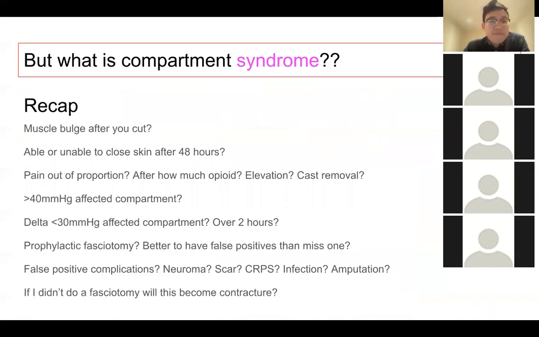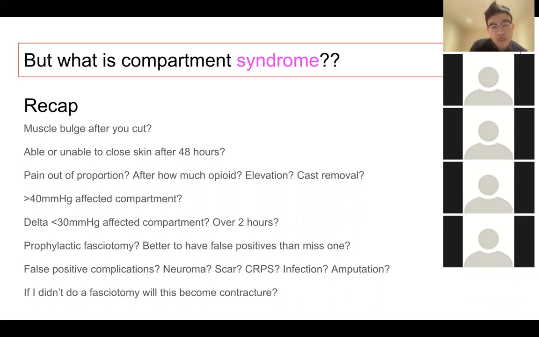So just to recap, and this will come back to what is an actual compartment syndrome. Now that you've cut the muscle or cut the fascia, if the muscle bulges out, is that compartment syndrome? If you're able to close the skin after 48 hours, is that not compartment syndrome? We've talked about pain out of proportion on numerous occasions, and how much painkillers do you need to give them?